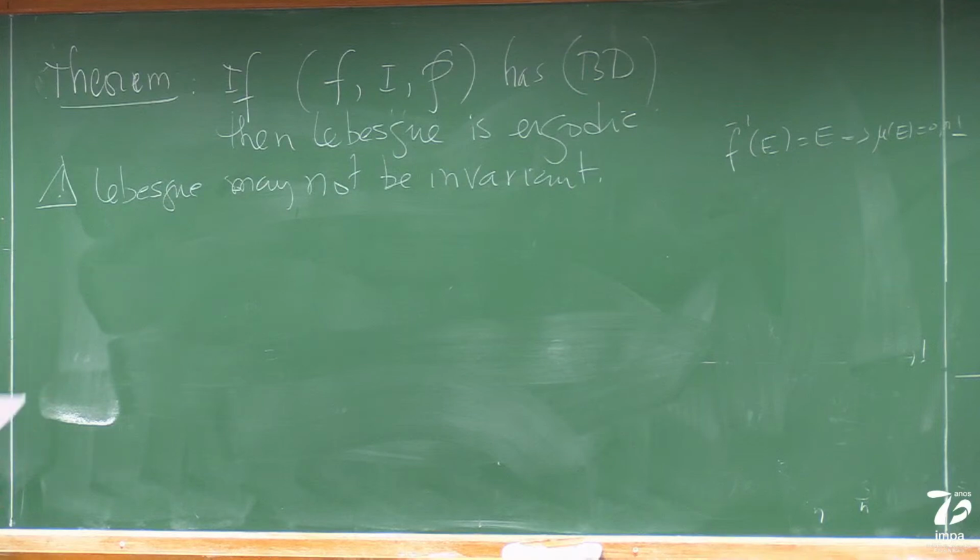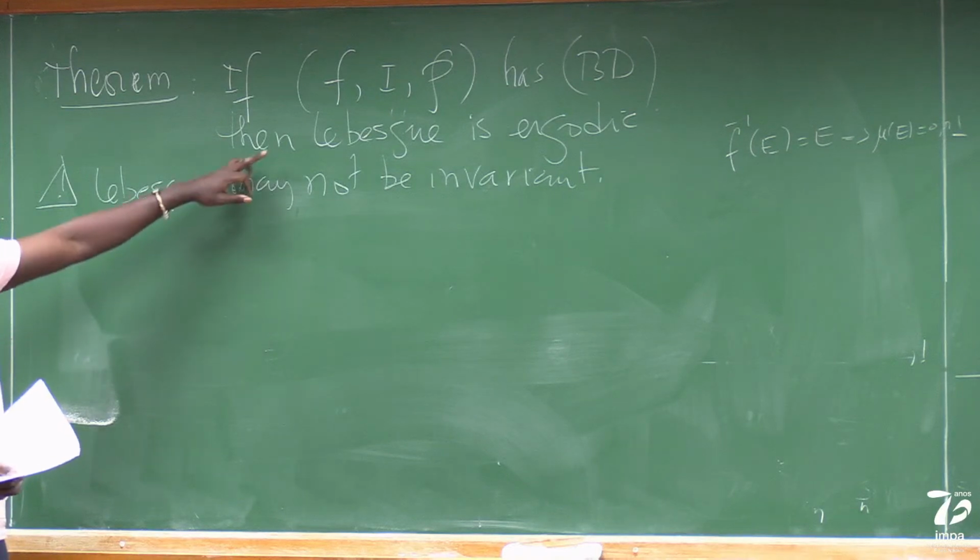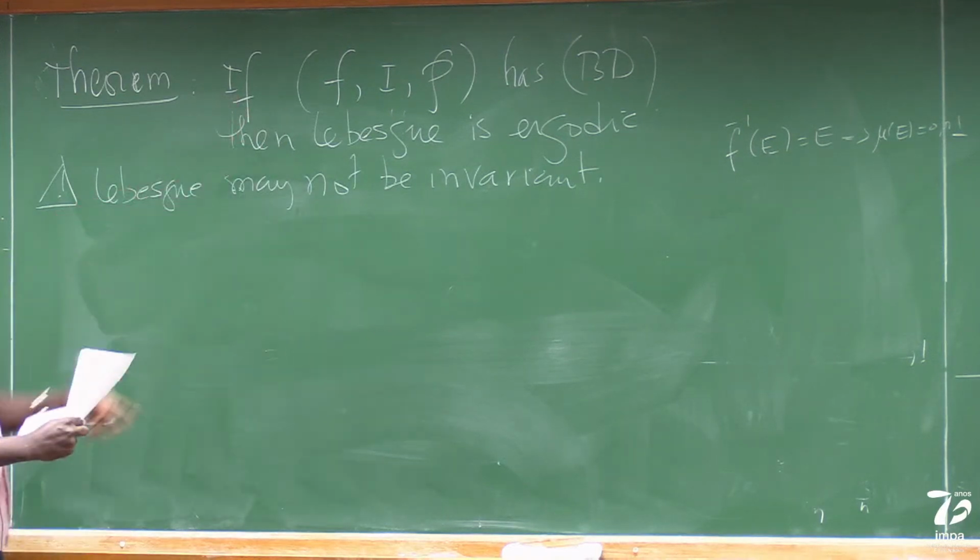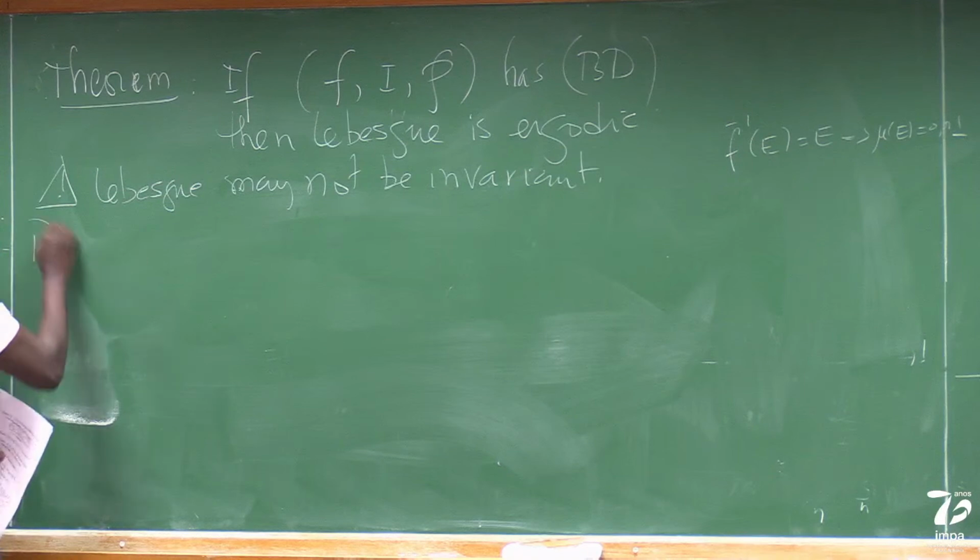But how is it useful for finding an invariant measure that is ergodic? Before I prove this theorem, let's see this remark here.